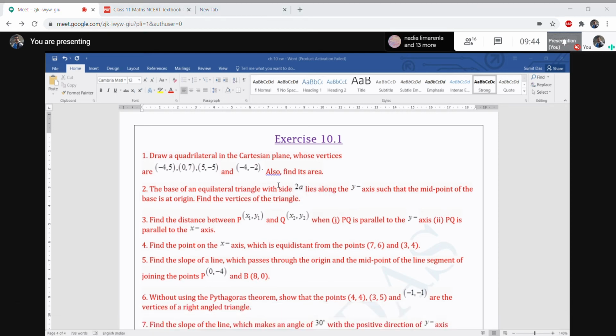Number two is saying: the base of an equilateral triangle with side 2a lies on the y-axis such that the midpoint of the base is at the origin. Find the vertices of the triangle. So for this one, let me draw the diagram.